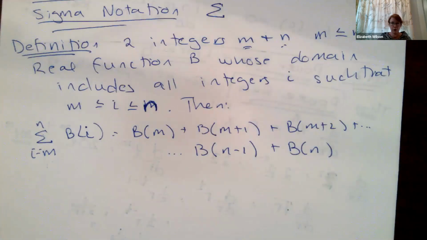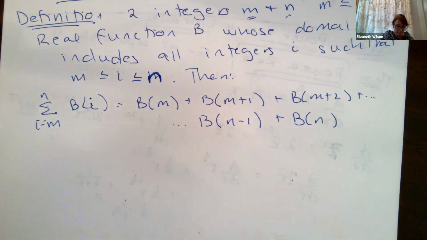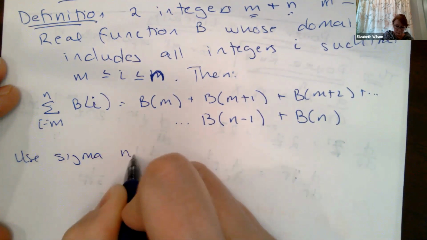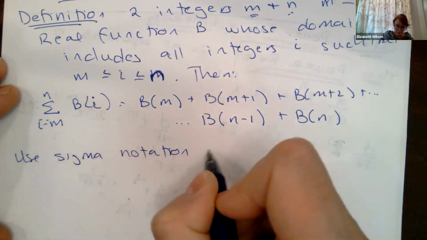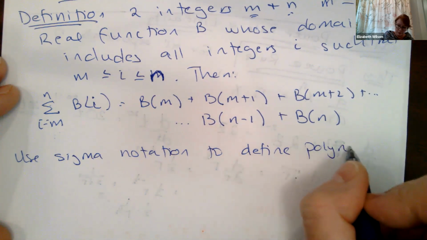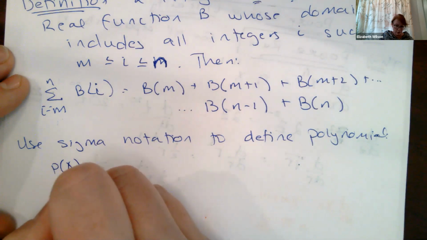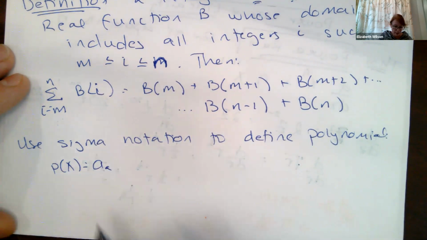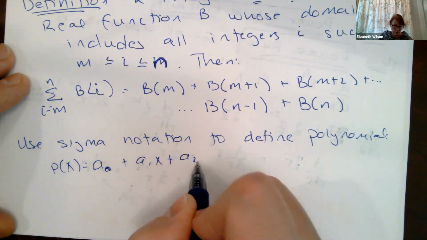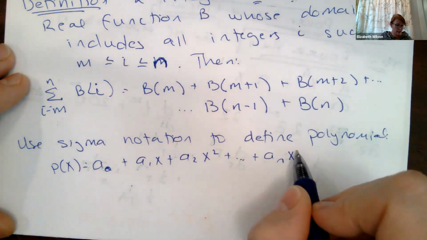So sigma notation is important because I can use it to define a polynomial. Right, so I've got my polynomial, that's a0 plus a1 of x plus a2 of x squared, and so on and so forth, an of x to the n.